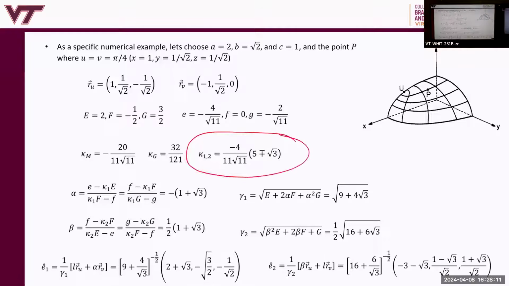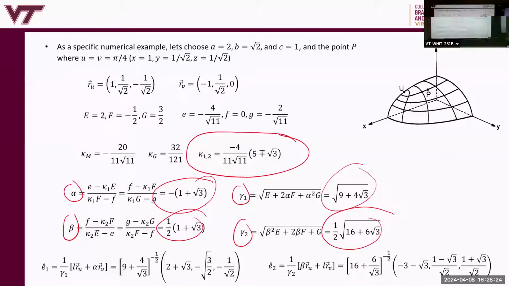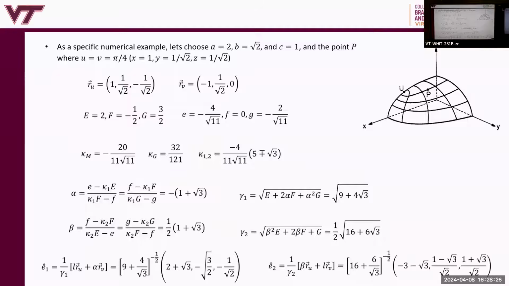Remember this for sure for later in the lecture. And remember this is an analytic result. Then also we calculate alpha, beta, gamma 1, and gamma 2, get these specific values for the particular point and the particular parameterization. And then you can calculate E1, you get these specific vectors here, and E2, you get this one here. So remember E2, E1, and kappa 1, 2. We'll come back and refresh you later.